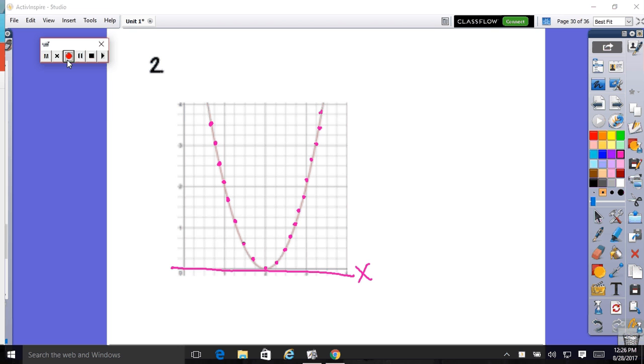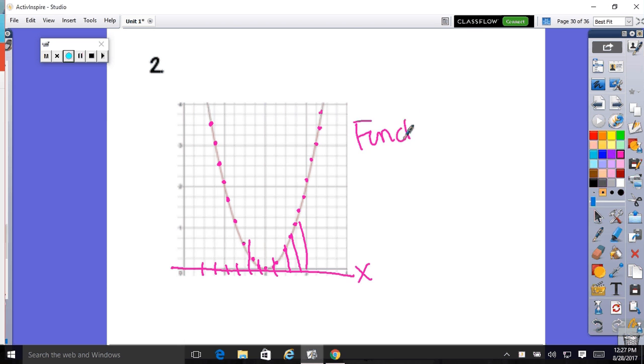What kind of lines? Vertical lines, because we're looking at the x-axis, right? We're looking to see where these x points go. How many points do they hit on the graph? So every single x point hits how many y points? One, so it's a function.